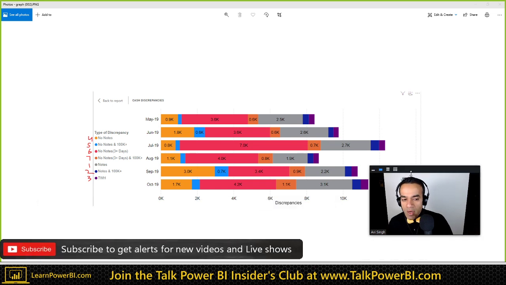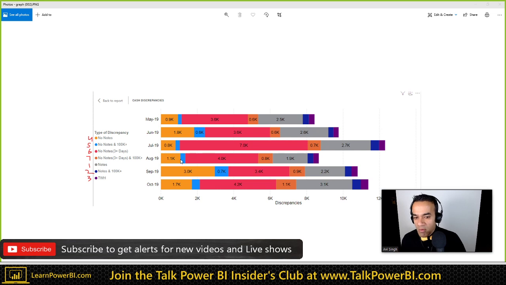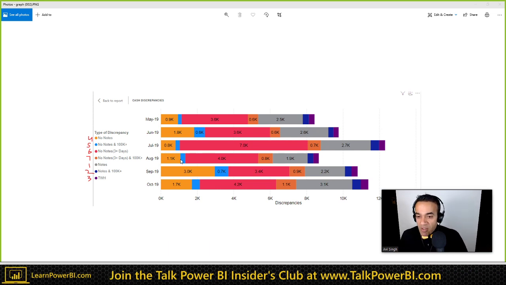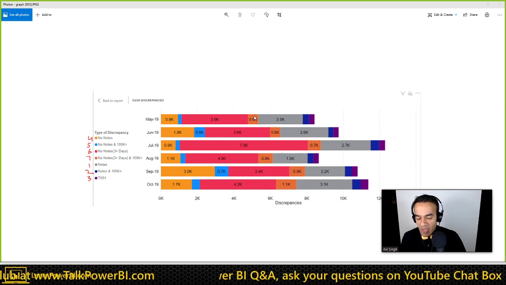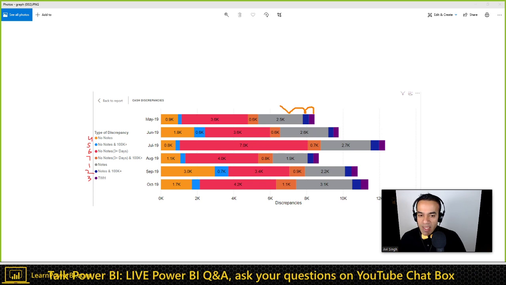Got it. But rather than the color, it depends on the visual, right? Of course, if you had a line chart or something like that, well, forget the line chart. But in terms of the graph, what's more important is the way these things are ordered.